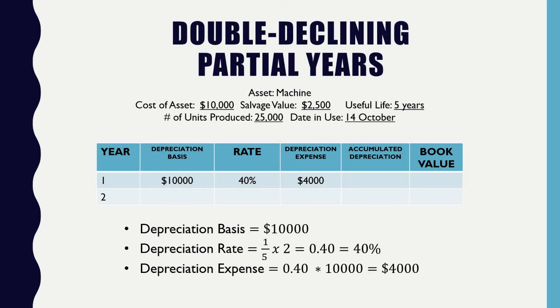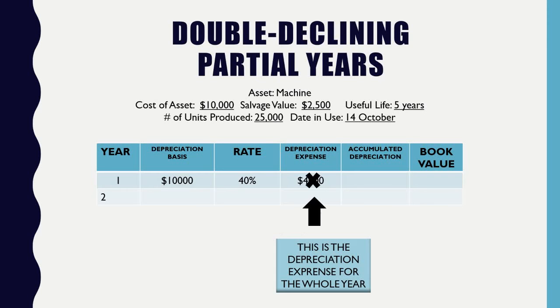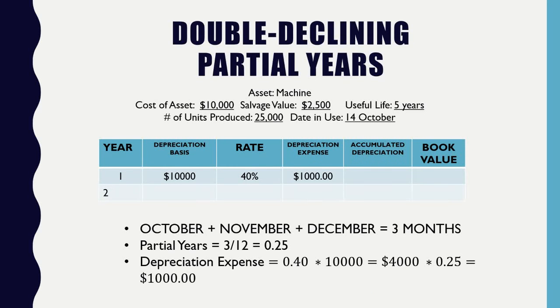So when I just multiplied the 10,000 by the 40%, I get 4,000. But this is the depreciation for 1 whole year, and I can't think about that because my asset is not 1 year old. It's only 3 months. So we need to solve for how much it's going to cost me for those 3 months.